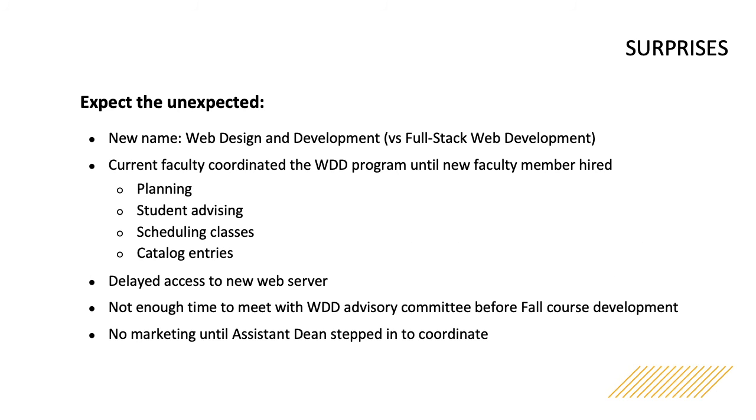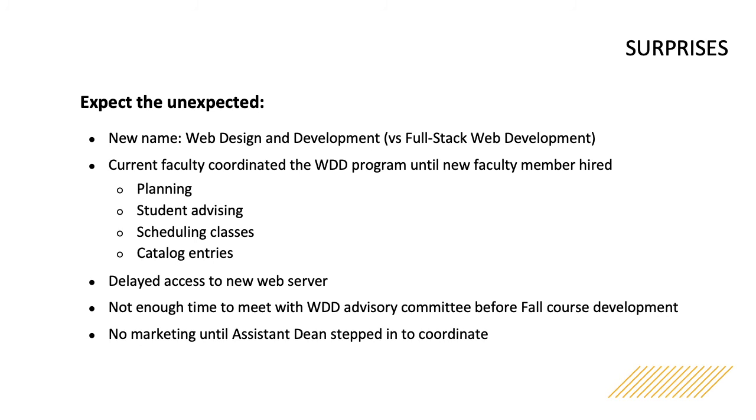There were a few surprises or things we didn't really plan on. The faculty wanted to call the degree Full Stack Web Development, but the administration wanted to call it Web Design and Development. The faculty ended up doing a lot of coordination of the program that the new faculty member normally would have done, but that person wasn't here yet.